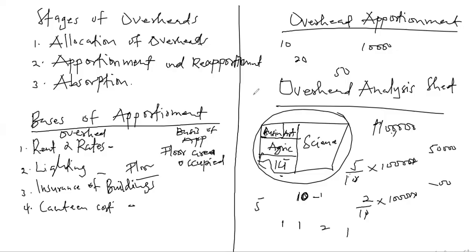So to know the cost of canteen for the accounting department, that will be the number of accounting employees, which is 10, over the total employees in the company, which is 50, times the cost of the canteen, which is 10,000. Then we cancel here, cancel here, cancel here too. So that will give us 2,000. Very, very simple.